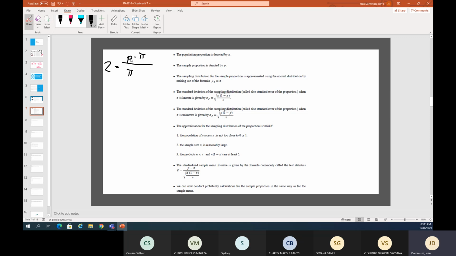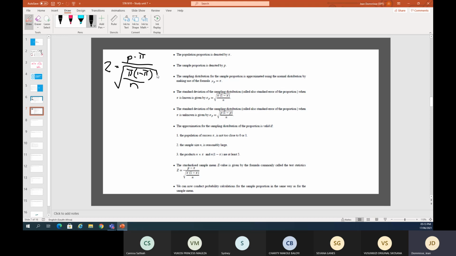Here we will have a population proportion and the sample proportion that we work with, and then we will also have a standard error of proportion. Basically these two are the formulas that we will work with in this study unit.